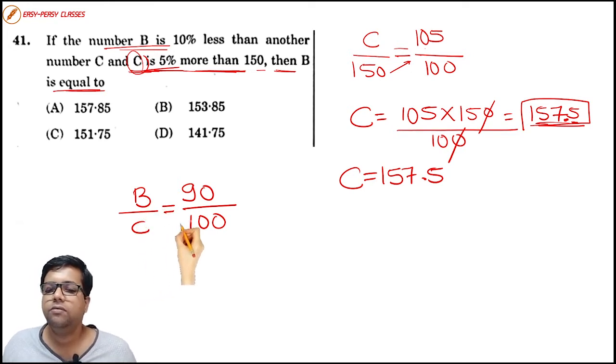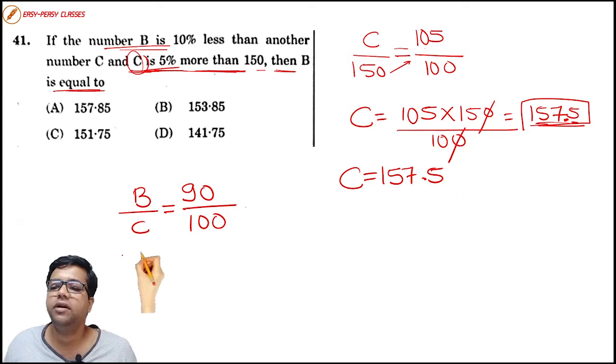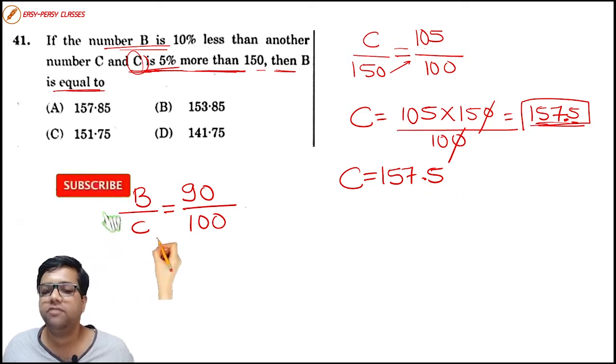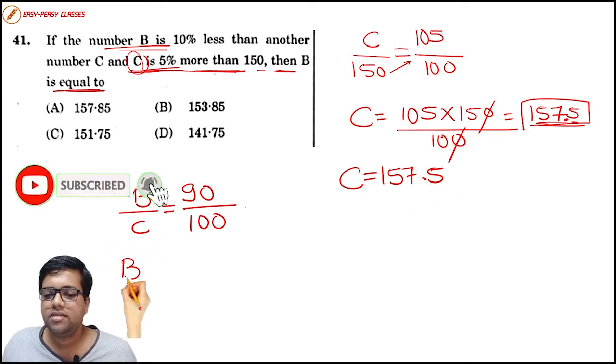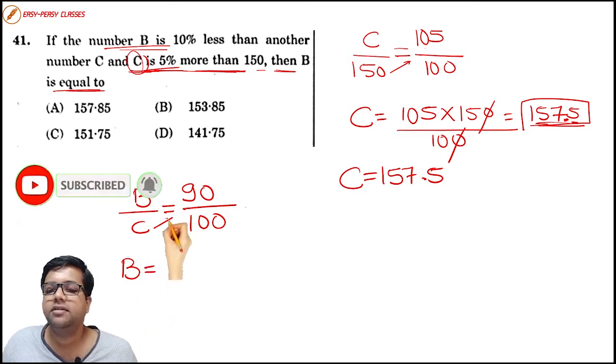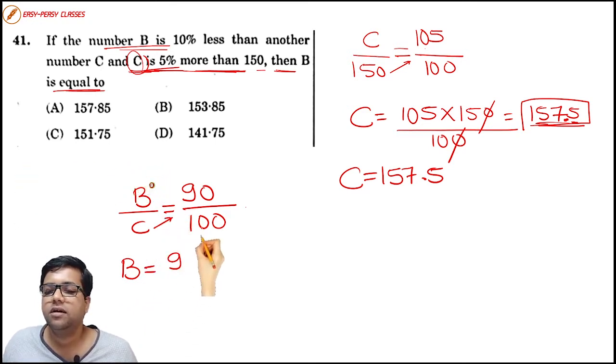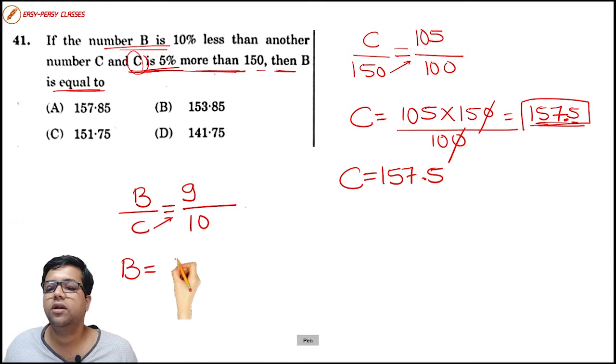We know C is actually equal to 157.5, right? So you can cross multiply here itself. Before cross multiplying you can cancel 10 over here. 10 cancelled, right? So you are left with 9 by 10.